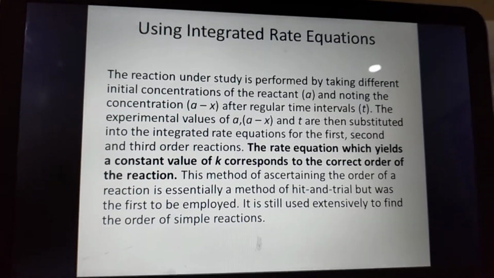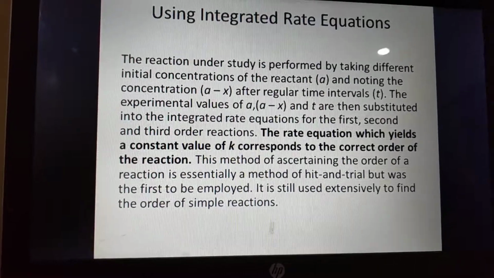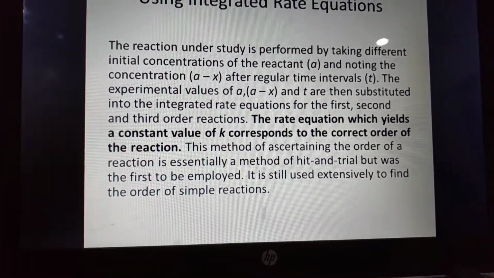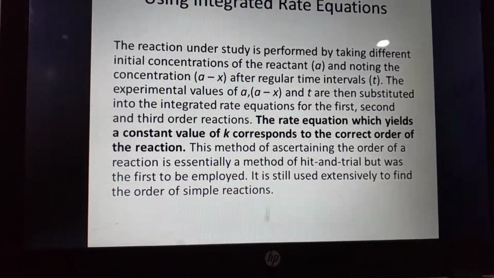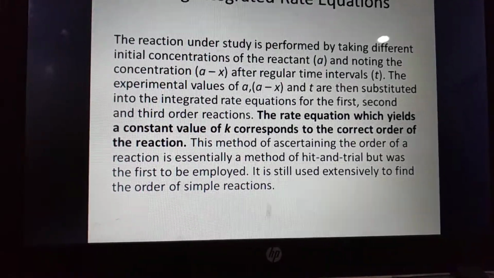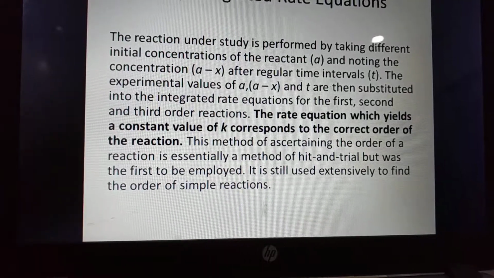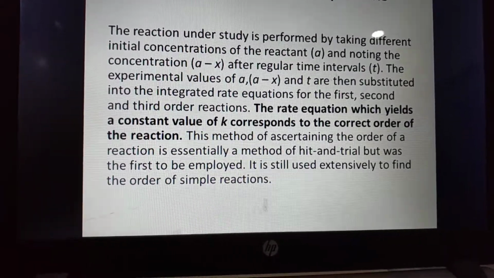Now we first find the order by using integrated rate equations. There are different integrated rate equations for the zero order, first order, second order, and third order. The reaction under study is performed by taking different initial concentrations of the reactant, small a, and noting the concentration a minus x after regular time intervals.